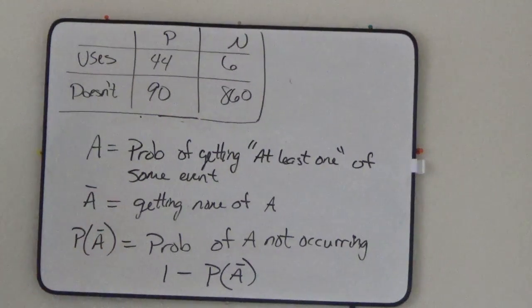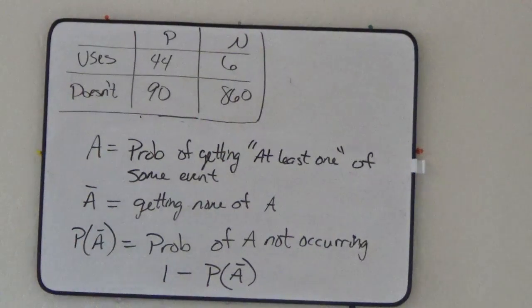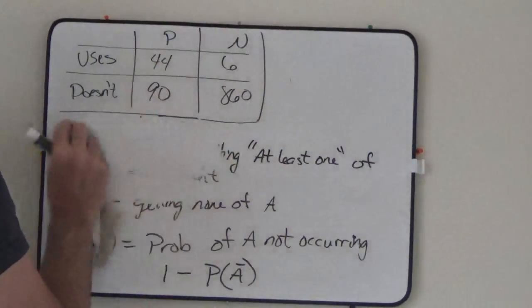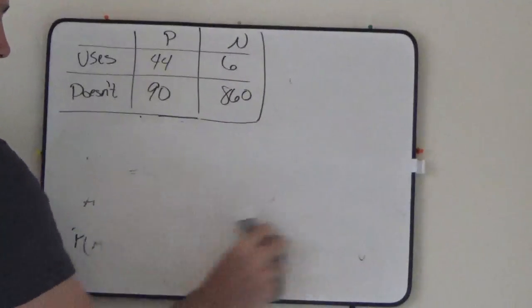Once we know the probability of A not occurring, we can subtract it from 1, and that will tell us the probability of A. Okay? So it's kind of thinking of it backwards. I'm going to do my best to help us understand this as we move forward. This shouldn't take us too long to go through, so hopefully it makes some sense when we talk about it. Now, we're going to use this here in just a minute. That's why it's still up here.